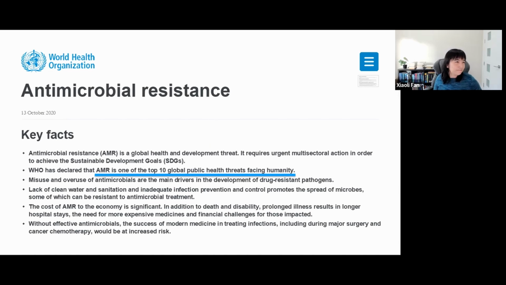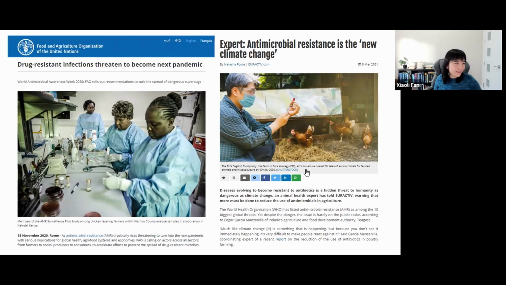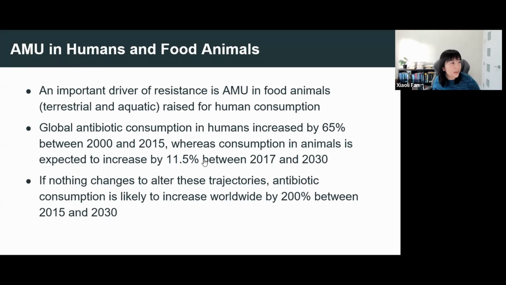In the next one, this is what I was mentioning, that it shares some similarities with climate change because it needs global collaboration. In some sense, it's even more complicated than climate change because animals also play a role here. Both humans and animals are using antimicrobials at the same time.